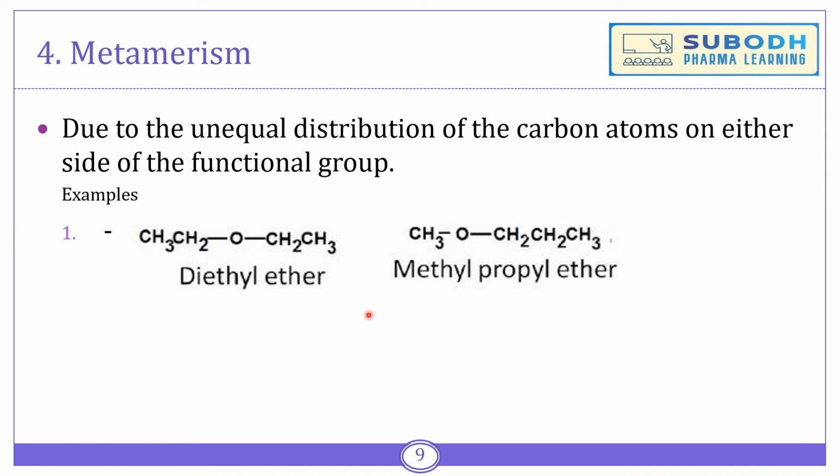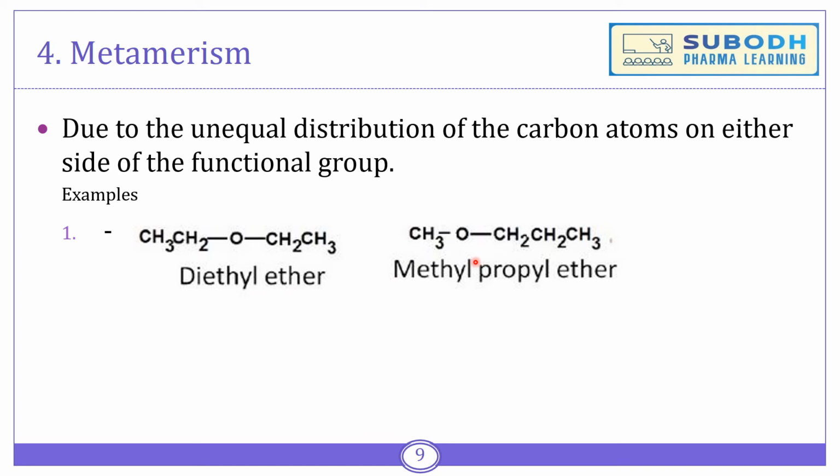When you see both these structures, you will observe that the functional group is same, that is C-O-C. But in the first structure, the ethyl group is attached to both the ends, that is diethyl ether.